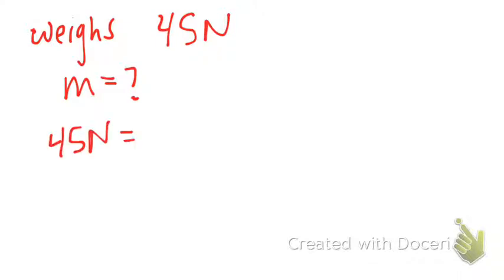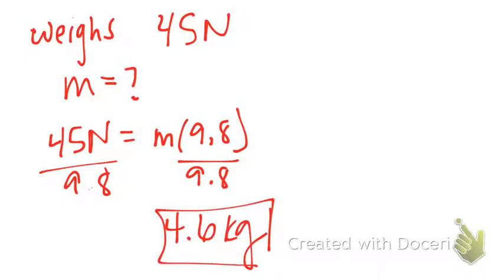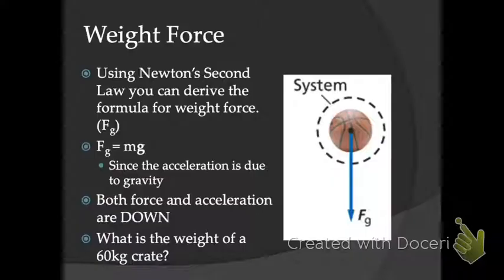I would say 45 newtons equals mass times 9.8, and I would divide over 9.8. And I would get, I don't know, 4.6. Does that make sense? So weight is just using gravity to give us that force.